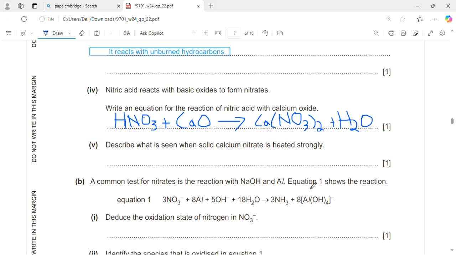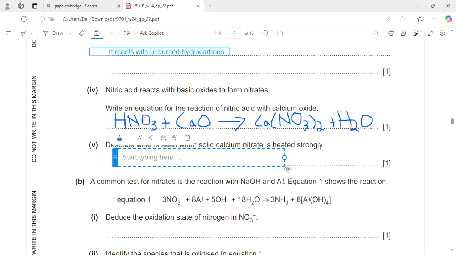Another part of the question, part 5: describe what is seen when the solid calcium nitrate is heated strongly. Brown gases, I think the observation is the brown gases.